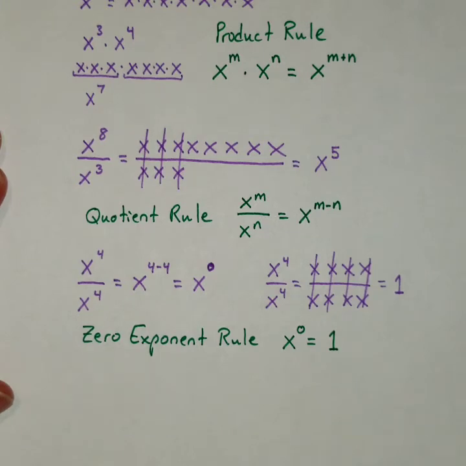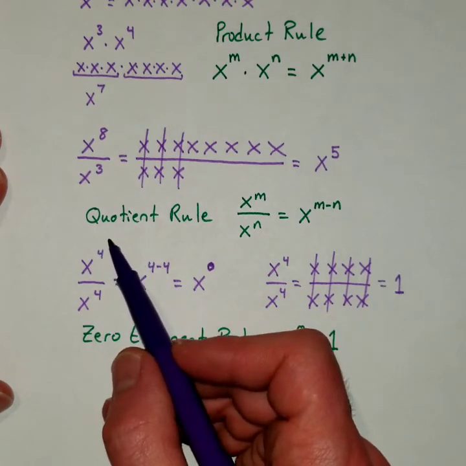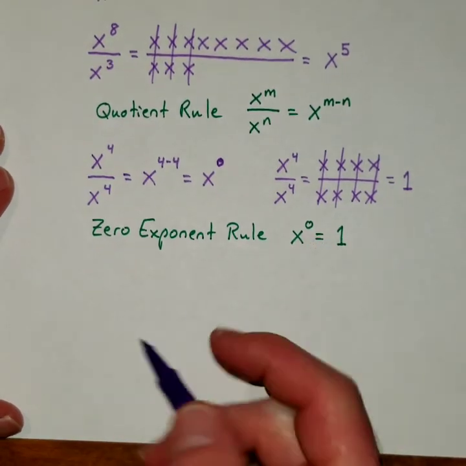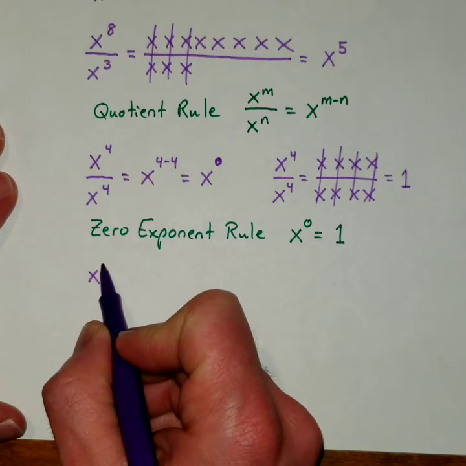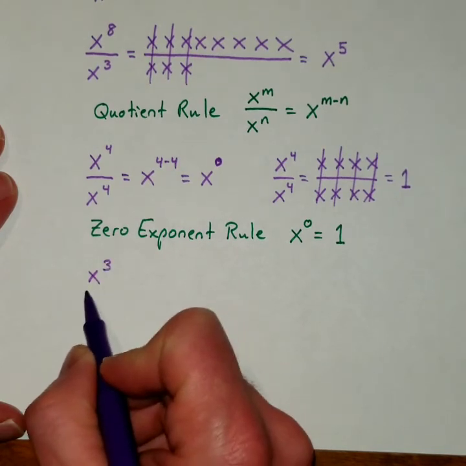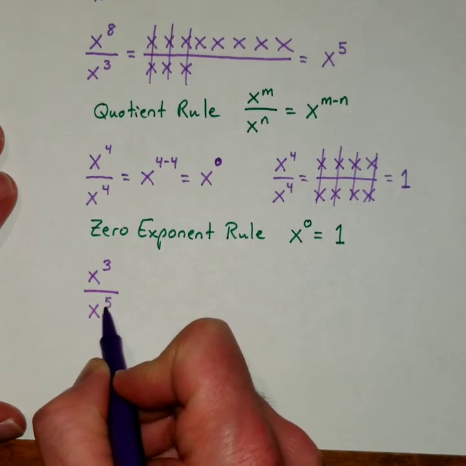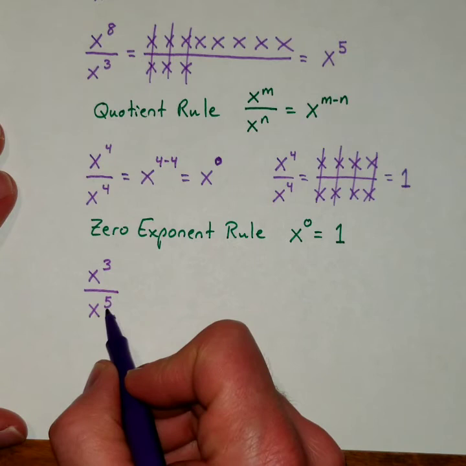Okay. Now the third case with the quotient rule is where the top has a smaller value than the bottom. So something like x to the 3rd divided by x to the 5th. Right? So the top is smaller than the bottom.